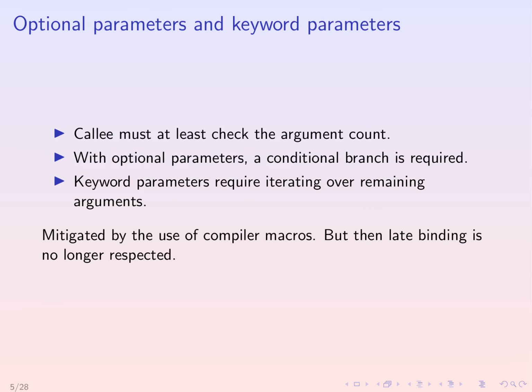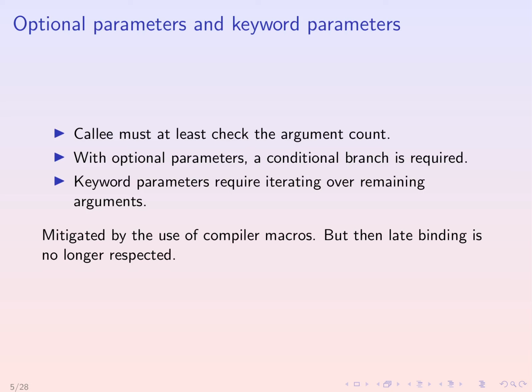Optional parameters and keyword parameters also can introduce additional cost for a function call. If there's an optional parameter, at least the argument count must be checked. It must be checked in most cases unless the lambda list is an entire rest argument. And the conditional branch is necessary to determine whether the callee should initialize the optional parameter from the argument or from the form in the lambda list. Keyword parameters are even more costly because for each keyword parameter, the callee needs to find the first keyword argument that matches.